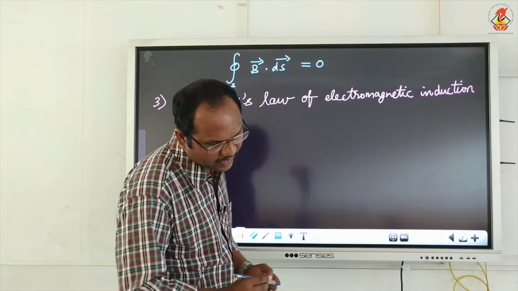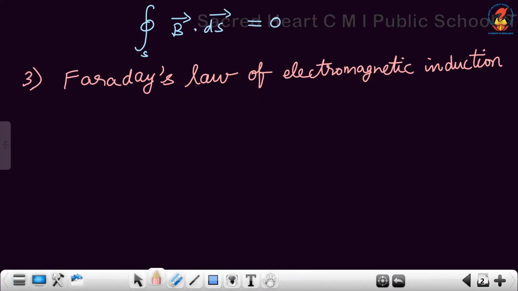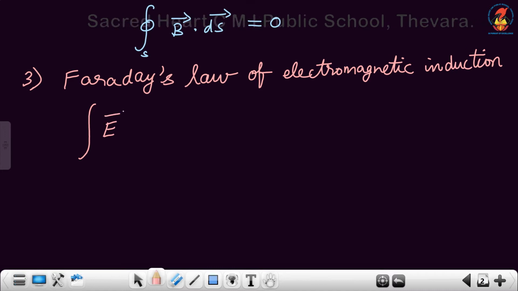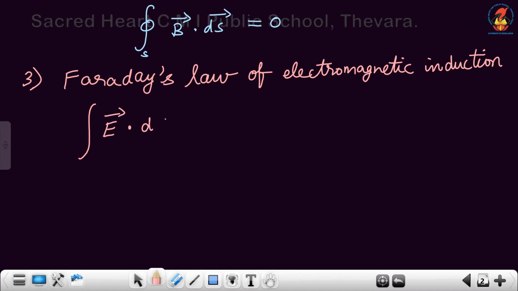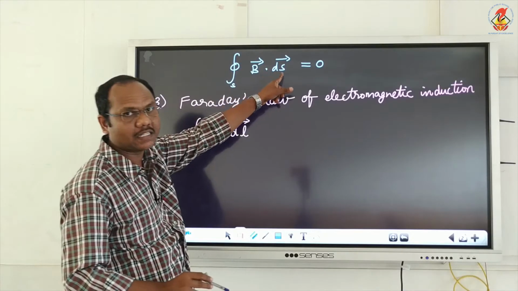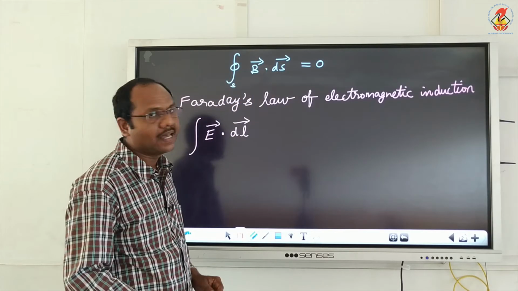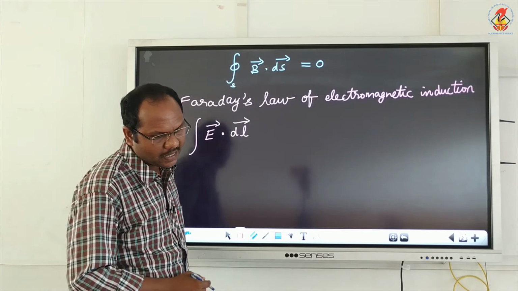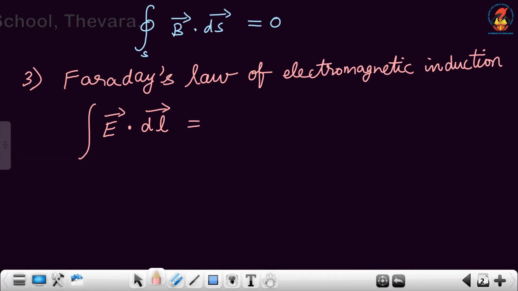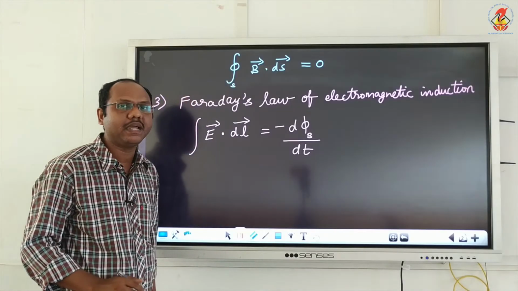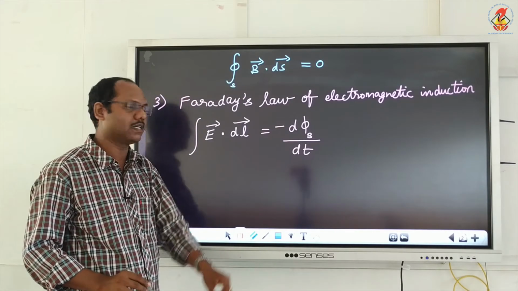I am going to write it like this: the line integral of the electric field, vector E dot dl. dl stands for line element, ds stands for surface element. Here the line integral of electric field can be written as minus d phi B by dt, where d phi is called the magnetic flux.